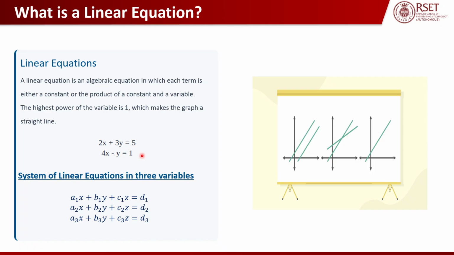So this set is called the system of linear equations in three variables. In this module we are discussing how to find the values of x, y, z which satisfy these three conditions.